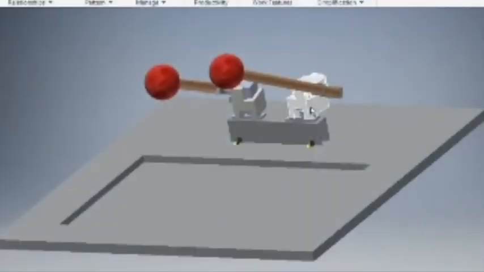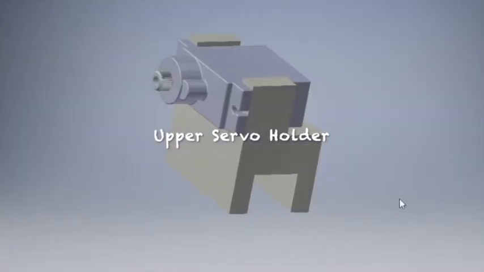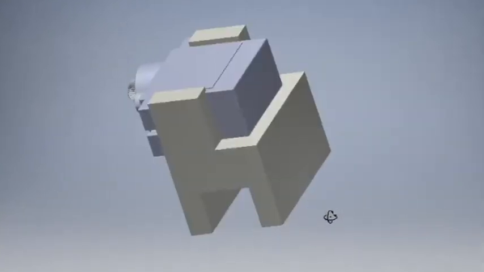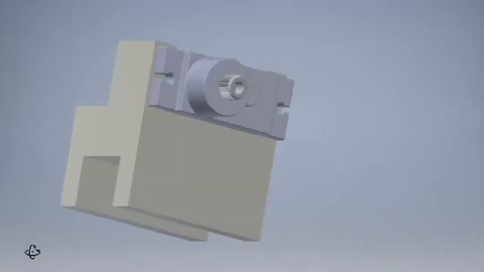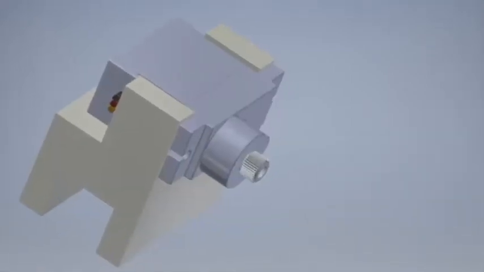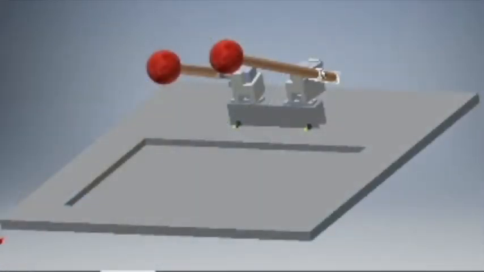This is the upper servo holder which is 3D printed. This is a clip which connects the stick to the upper servo. The stick, the clamp, the upper servo and the upper servo holder together make the striking unit.